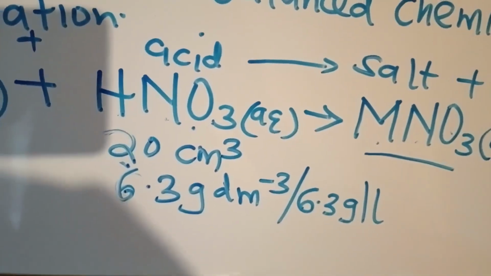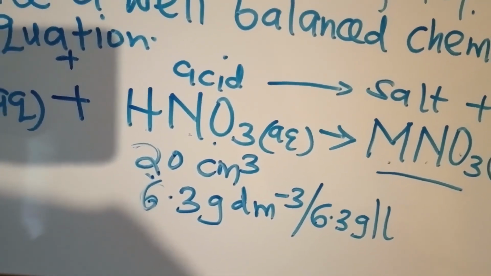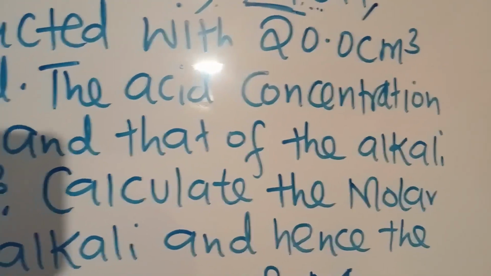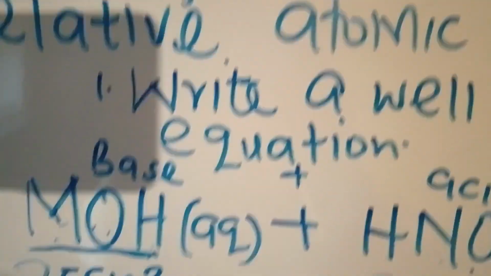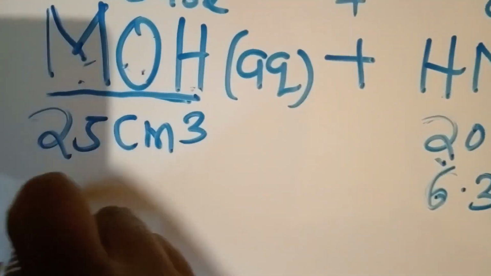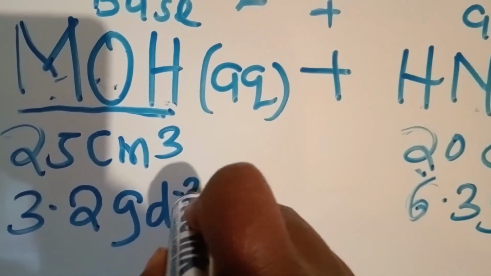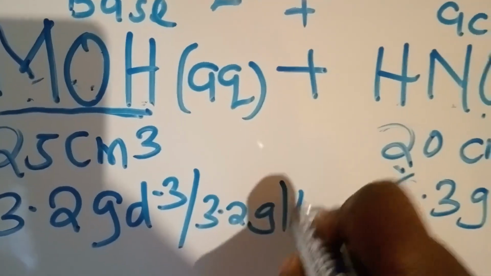Remember, I told you that 1 dm cubed is the same as 1 liter. So we continue with the question, and that of the alkali is 3.2. So alkali is this one, 3.2 gram per dm cubed, or 3.2 gram per liter.